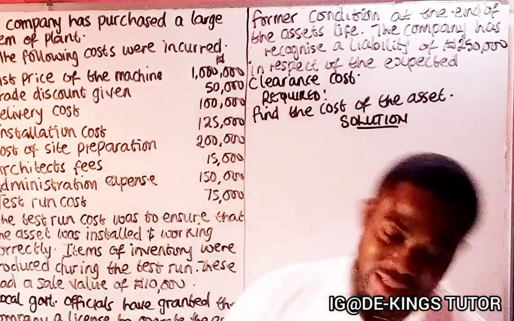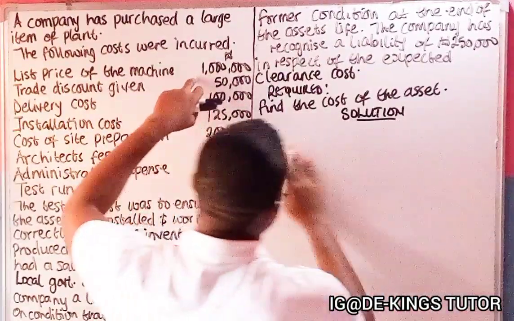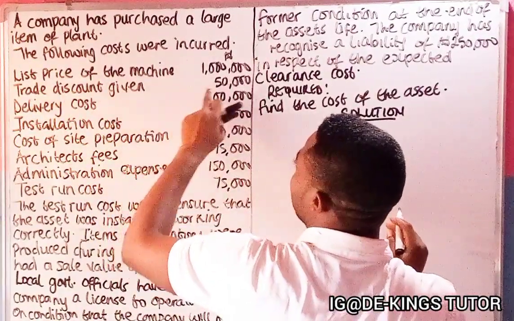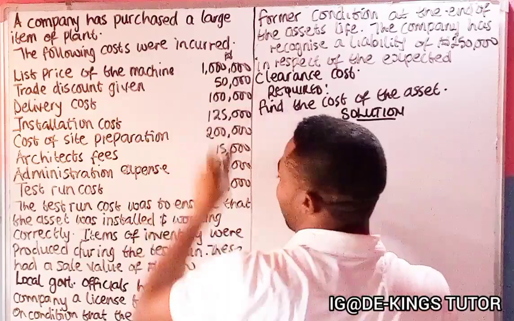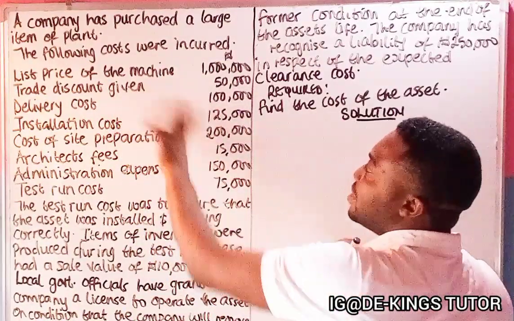Okay, so let's start. Now the first item here is the list price of the machine, so it will be the purchase price of the machine. Now they say they gave us a trade discount of 50,000. Okay, now remember we said the purchase price less any trade discounts given.